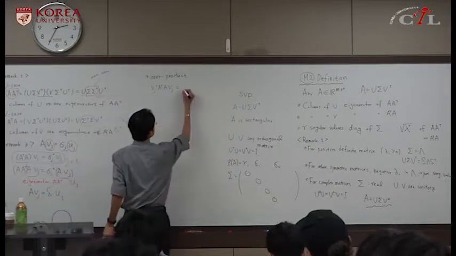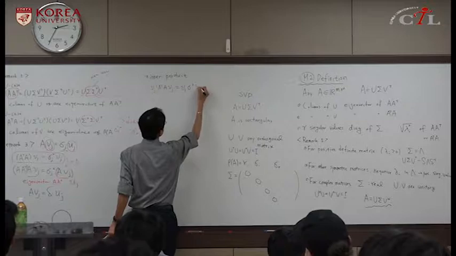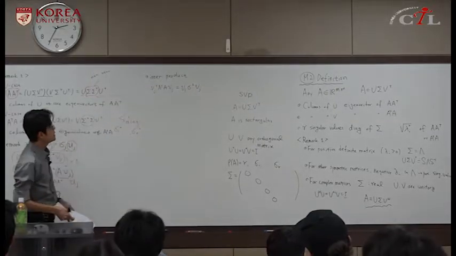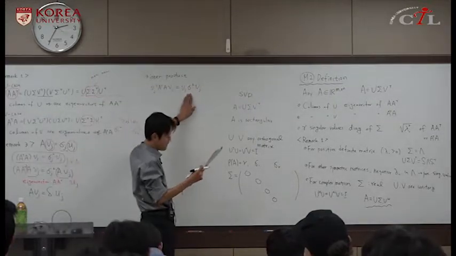So it's sigma j square times Vj transpose Vj.